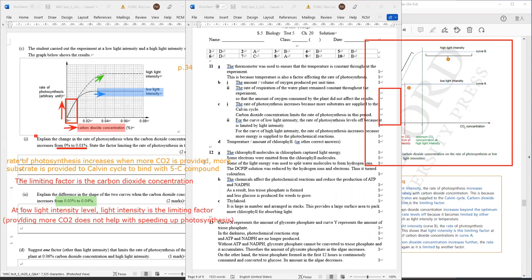Okay, but how about in high light intensity level? You have to explain the difference in two curves.